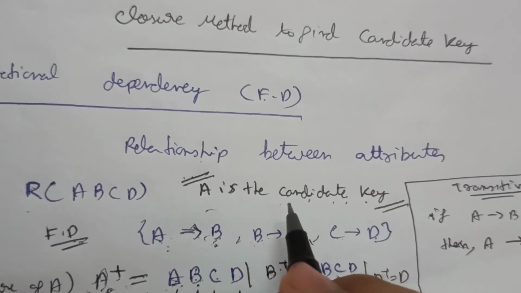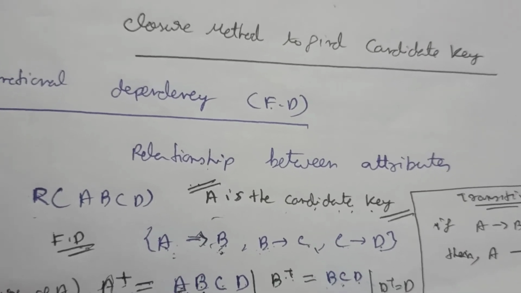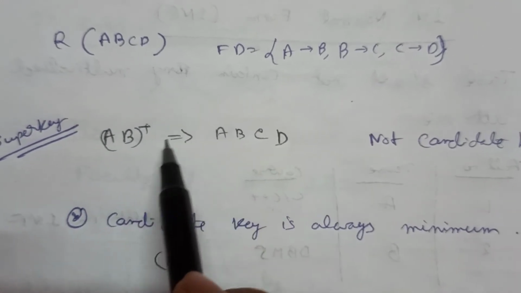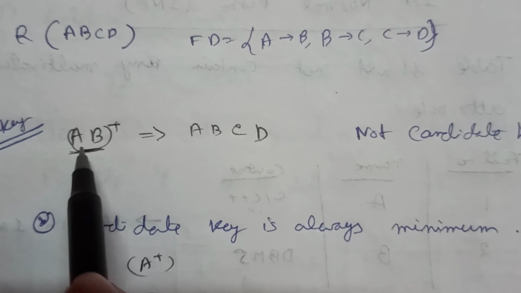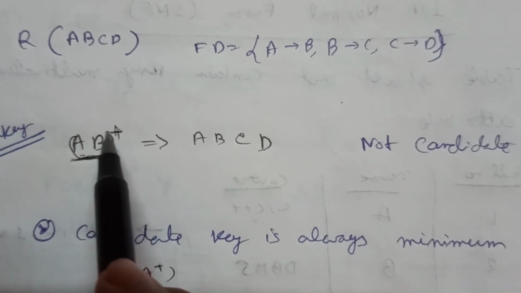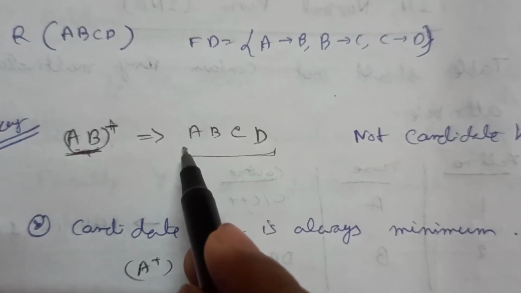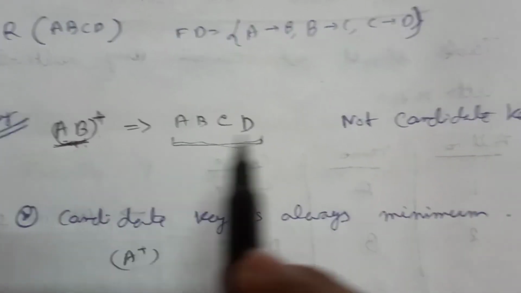But there is also another thing needed to be a candidate key. The closure of AB, written as AB plus, is also the collection of all attributes A, B, C and D. But is AB also a candidate key?